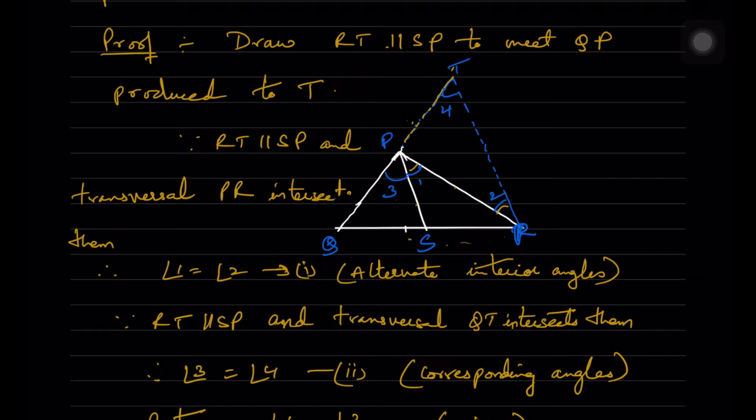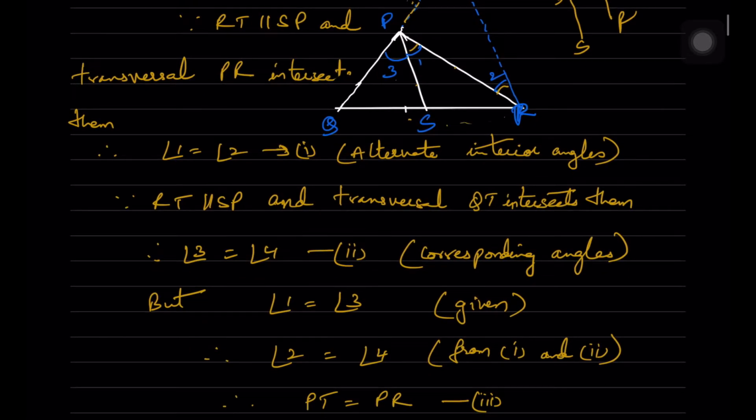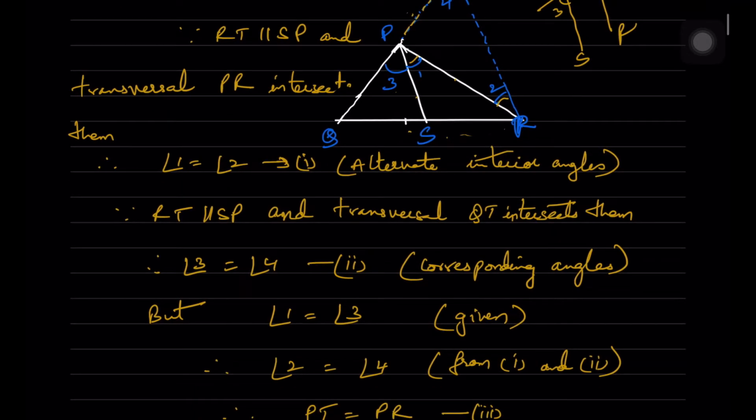Then, since RT is parallel to SP and transversal QT intersects these two lines, these two angles, this is 4 and this is 3, are corresponding angles. Therefore angle 3 is equal to angle 4 because they are corresponding angles.